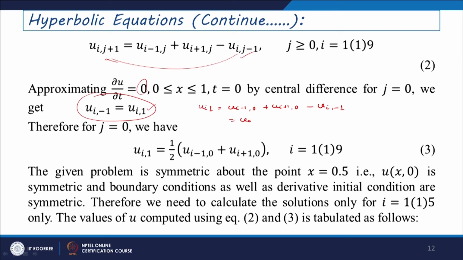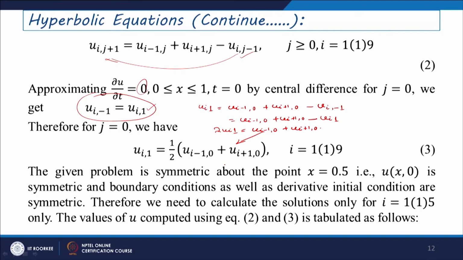This can be written as u(i-1, 0) plus u(i+1, 0) minus u(i, 1), which can be taken to the left hand side. So, 2 u(i, 1) can be written as u(i-1, 0) plus u(i+1, 0) here. So, that is why u(i, 1) can be written as a half into u(i-1, 0) plus u(i+1, 0).